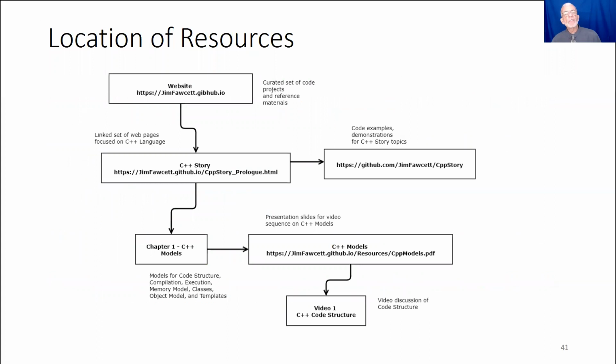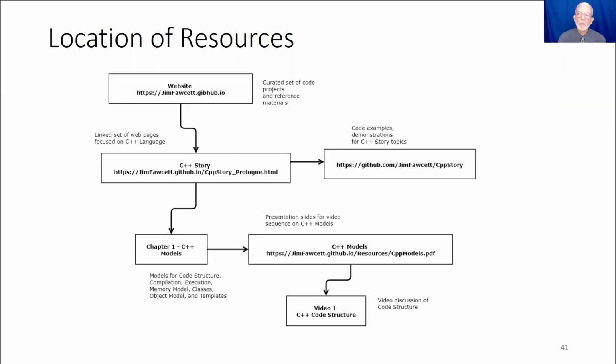here's where you can find stuff. So the website is jimfoss.github.io, and the C++ story starts with this. This is the first page of the C++ story. Now these stories are linked collections of pages, and each page, if you look at the top menu, you'll see next and prev buttons, and if you click next, you'll go to the next in the sequence.